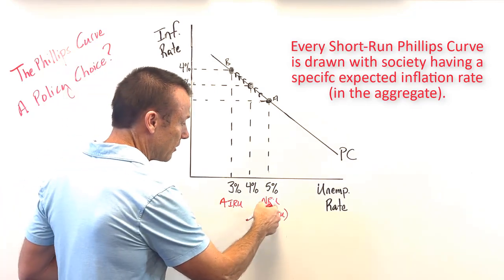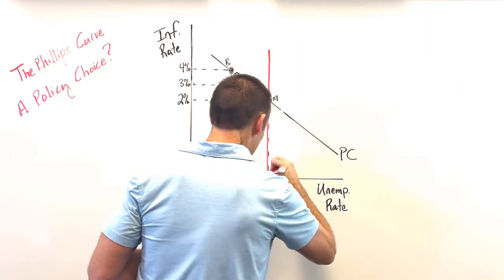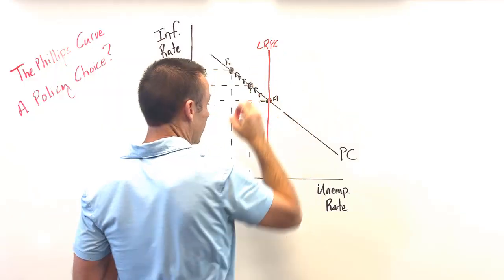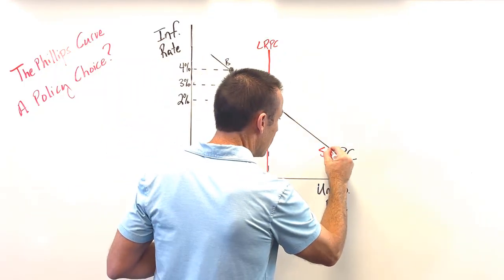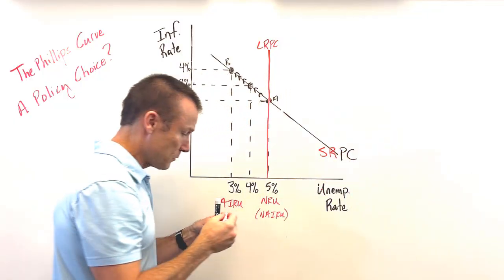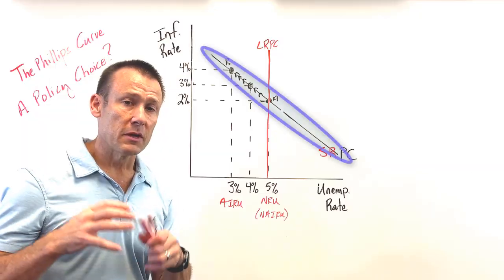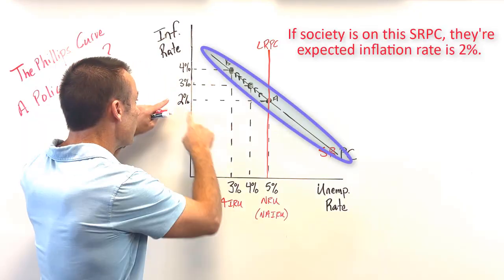Since this is my NRU, maybe we know that means my LRPC is right there. There's my long run Phillips curve. And this is not just the Phillips curve, it's actually just the short run Phillips curve. And this short run Phillips curve is drawn with us having an expected inflation rate of 2%.